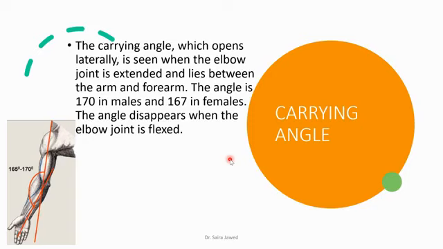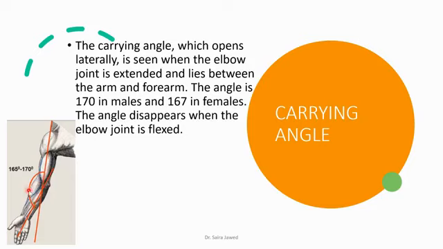Okay, this is something which is known as carrying angle. When the upper limb, or you can say the elbow joint, is extended, there is an angle between the arm and forearm. You can see here this angle.